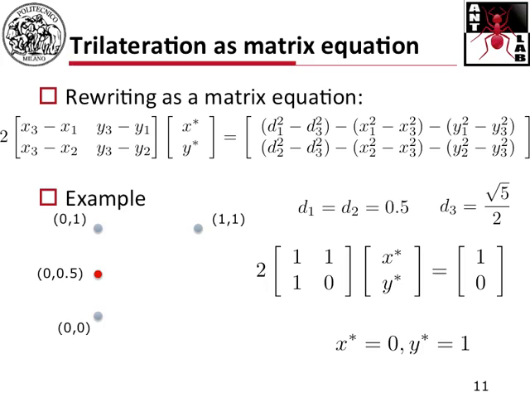So, in other words, the mechanical way to get localization once you have distances without error is to get out of your environment a linear system like the one you see in this slide, put in the parameters, which are anchor coordinates and measured distances, solve the system through standard techniques, and what you get is the perfect position of the point you want to localize.